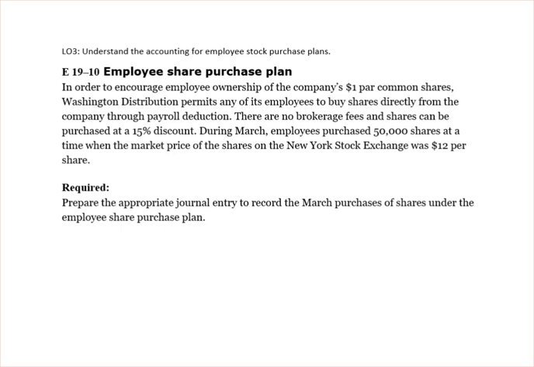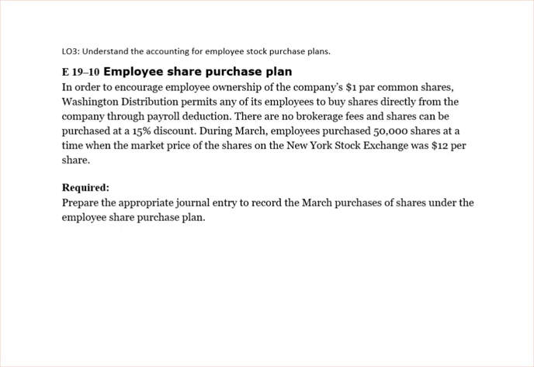If the discount is 5%, you don't record compensation expense. If the discount is greater than 5%, then you record compensation expense. So this one says it's 15%. You might say, okay, I record compensation expense for 5%, and the other 10% I don't record as compensation expense. No, no. It's just all or nothing.